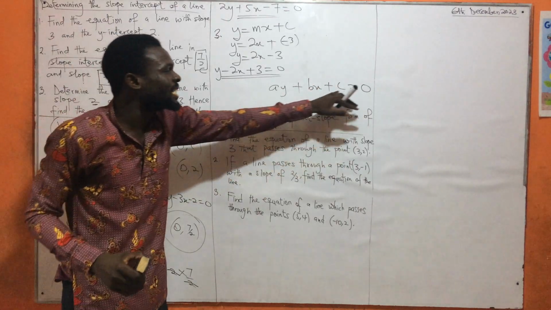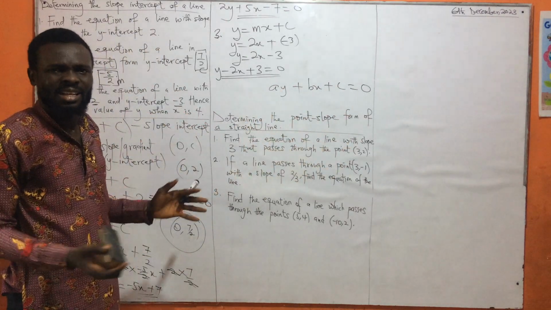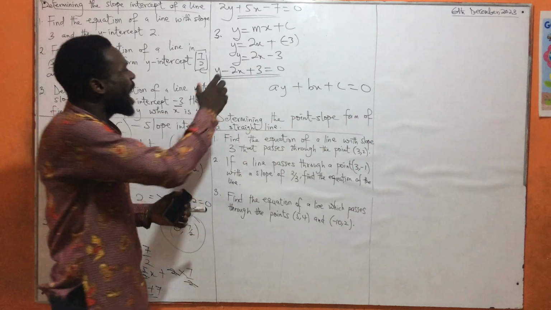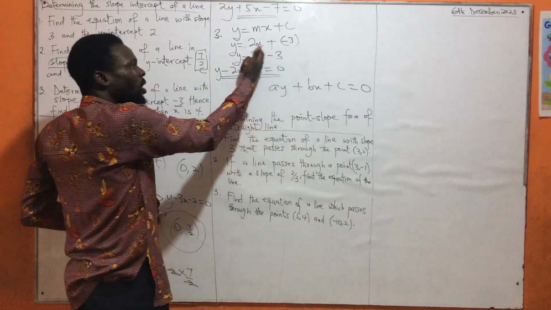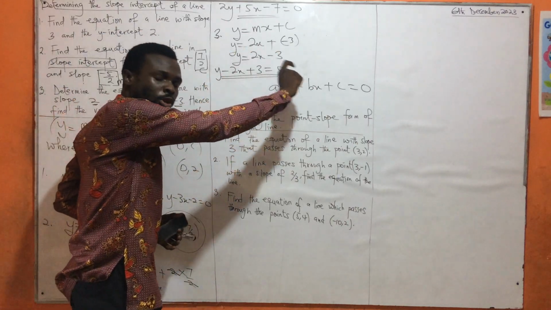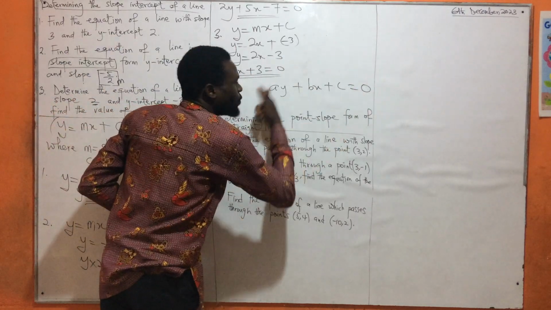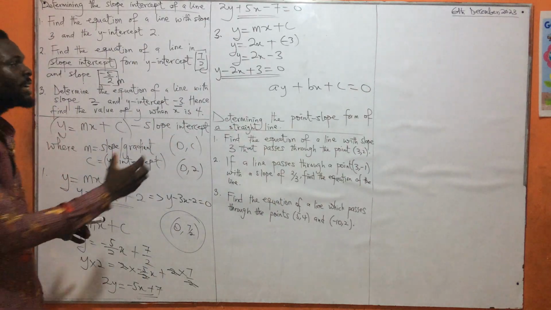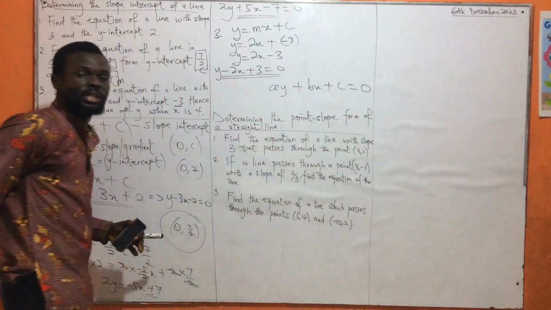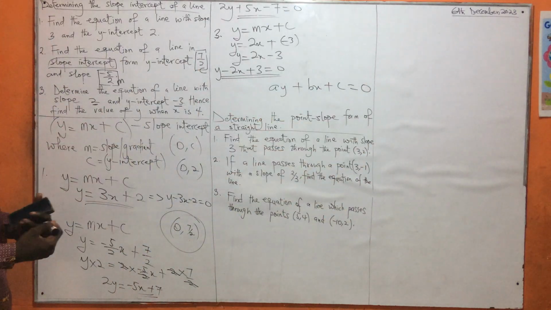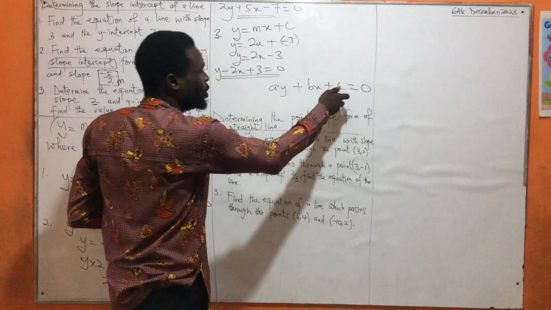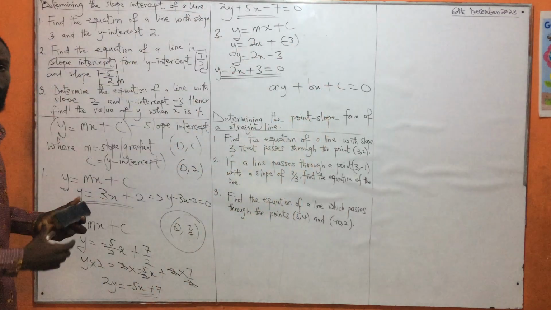So if this is the general equation of a straight line, then all I need to know is that after solving for the slope-intercept form, I just regroup my equation in this form. And that gives you the general equation of the line, ax plus by plus c equals 0.